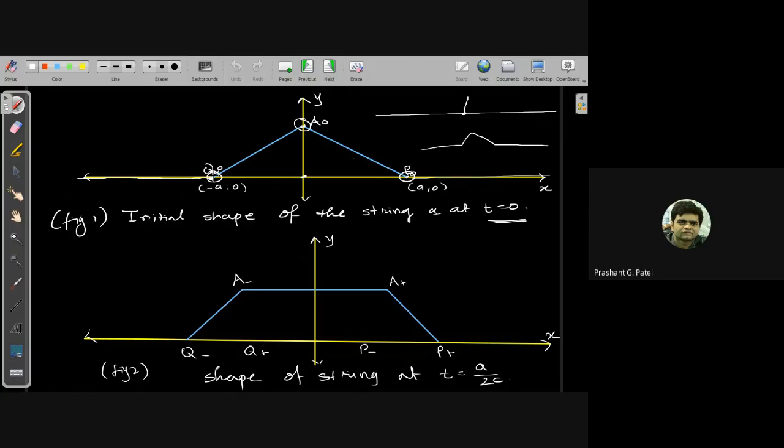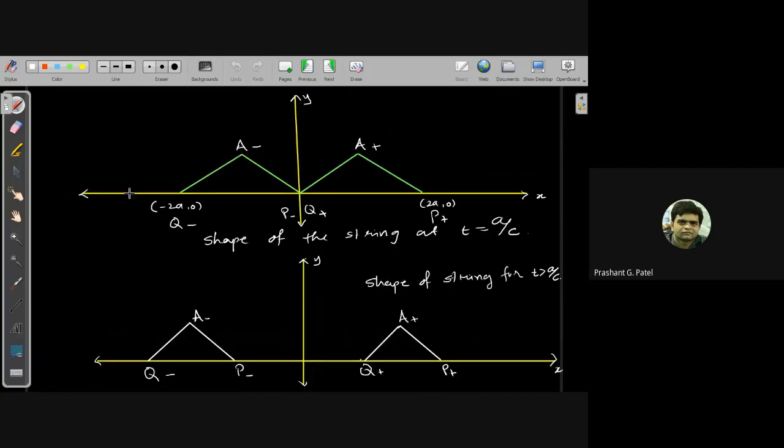Here the slope is something, then the slope is changing, then it will change, and then it will change. So here initially there are 4 slope changes, and here it is one slope change from here to there, then from this point to this point it is the same shape, and then from this to this. So 1 to 2, 2 to 3, 3 to 4. Here there are 5 slope changes. Here you will have 6 changes.